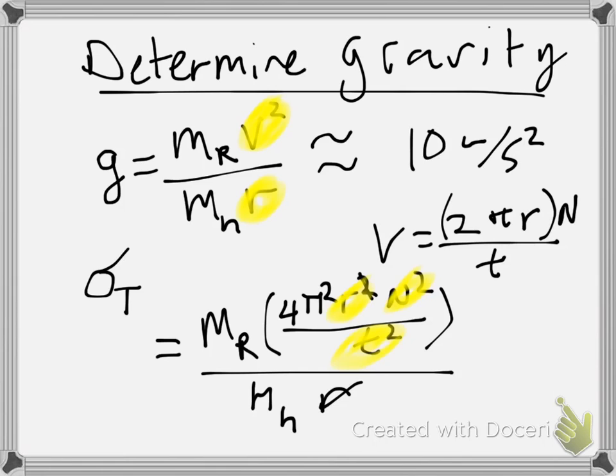With this, you have to find the uncertainty for each of these. You're going to have an uncertainty for the radius, which is your average radius value divided by the delta r. Do you know what delta r means?